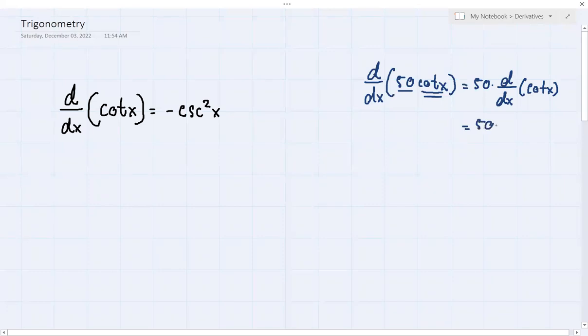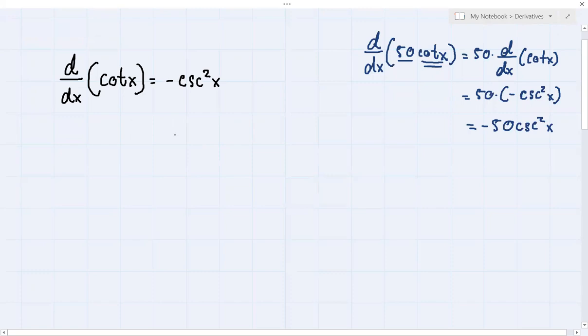So ang derivative ng cotangent x ay negative cosecant squared x. Okay? So 50 times negative cosecant squared x, so we have negative 50 times cosecant squared of x. At yan na yung magiging sagot mo. Or, pwede pa naman siyang i-simplify.